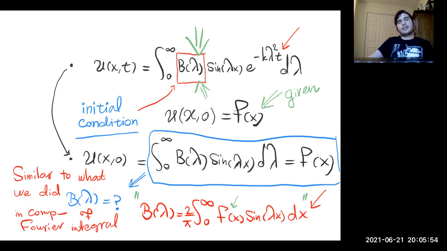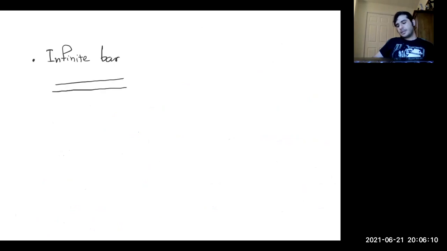The other case we'd like to study, we still have a little time. Let's try to study the last case too, the case where we have an infinite bar in both directions. So this time, this bar goes to plus infinity on one side and minus infinity on the other side. There is no boundary condition anymore. So we have the same equation.